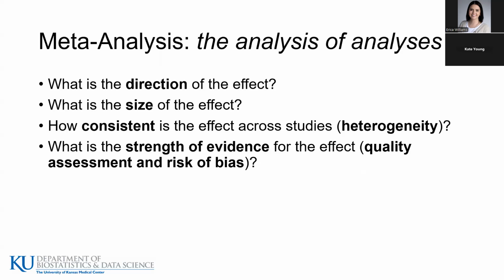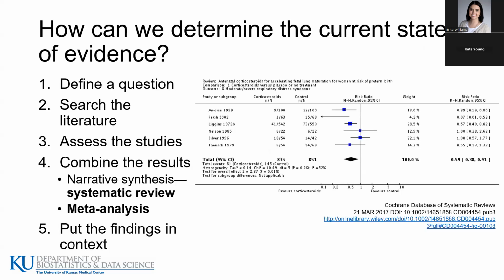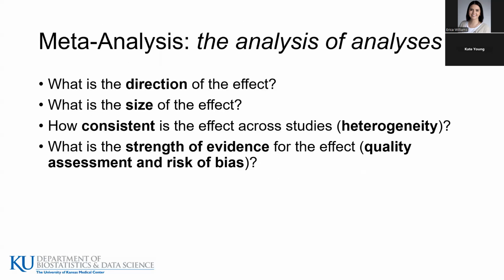This is in that previous figure where we saw that there's a lot of bouncing around of the risk ratios. So heterogeneity describes those inconsistencies that we saw in the results of those studies.